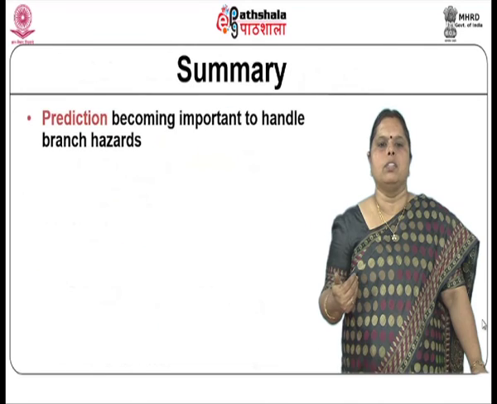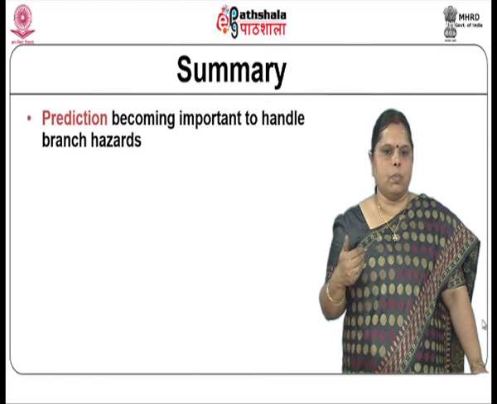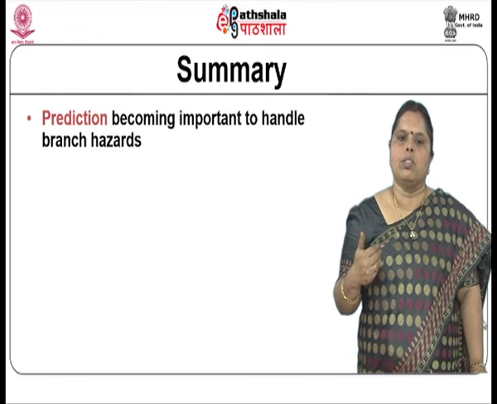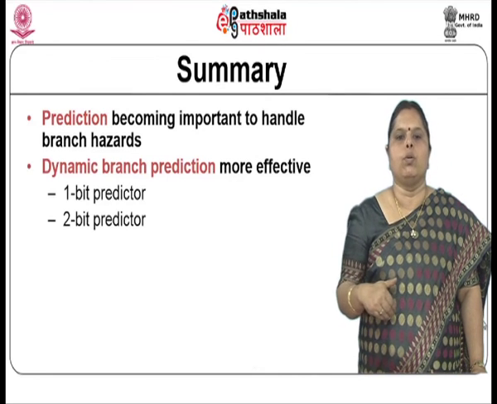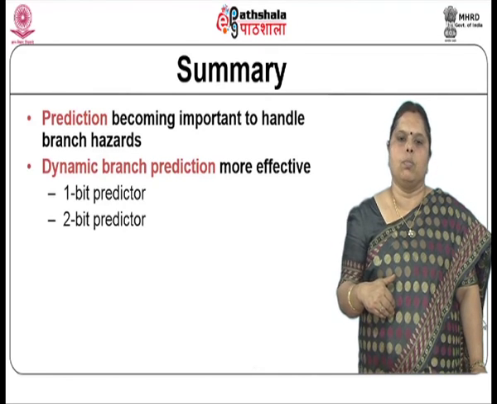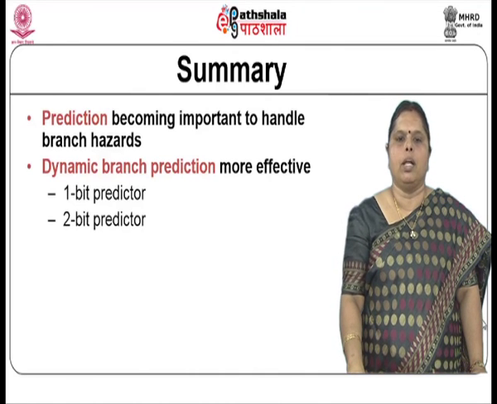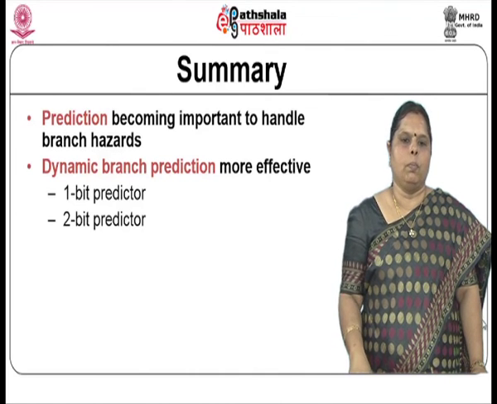So, to summarize, we looked at branch predictions, we have looked at how prediction becomes very, very important to handle branch hazards. So, you can't just rely on static prediction, we will have to move on to dynamic branch prediction which are much more effective. And in dynamic branch prediction, we looked at a 1-bit predictor technique and we looked at a 2-bit predictor.